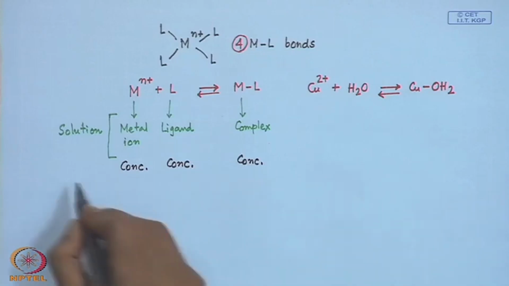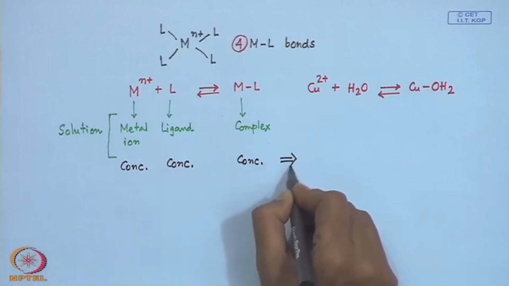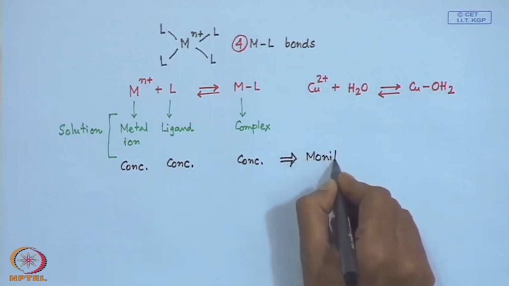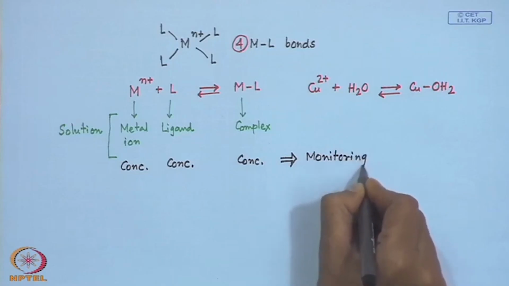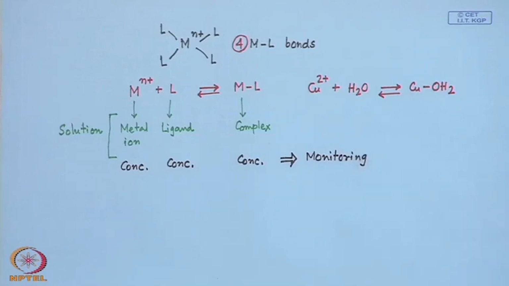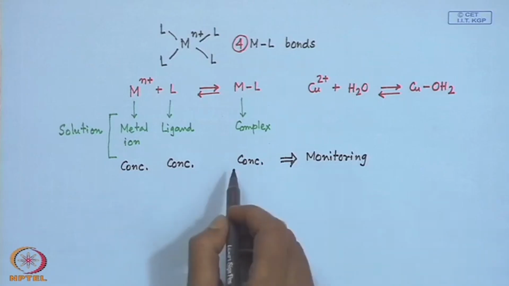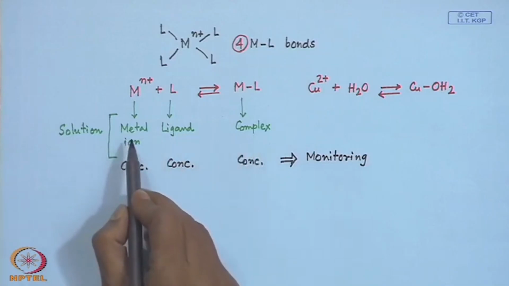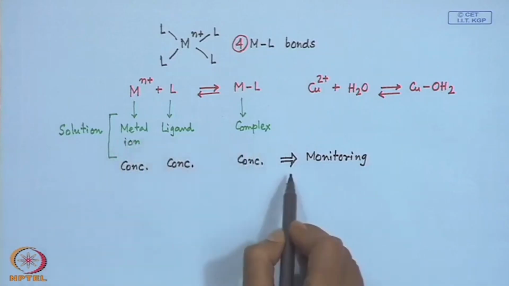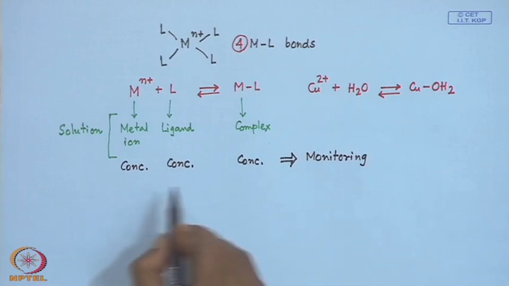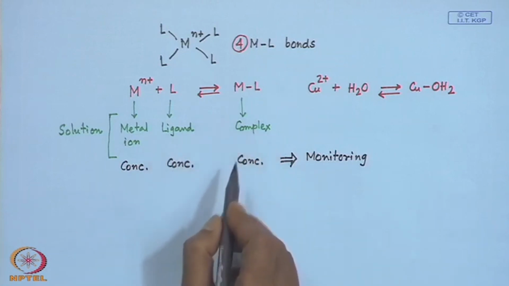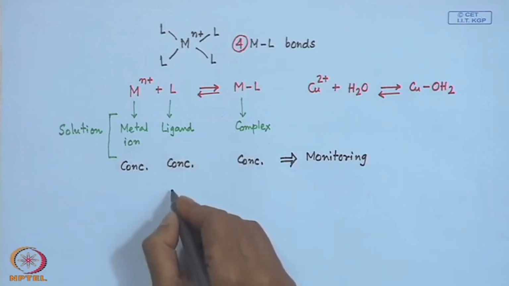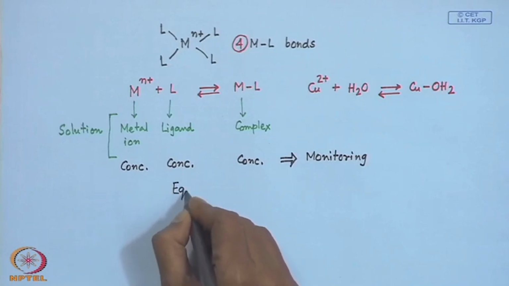If we can monitor all these species by some mechanism, so monitoring of these concentrations, we can get some idea of how much metal complex is forming by reacting the metal ion with the ligand to give us the corresponding complex species. So, during the complex formation, all these species, starting from the complex, the metal ion and the ligand, are all in equilibrium.